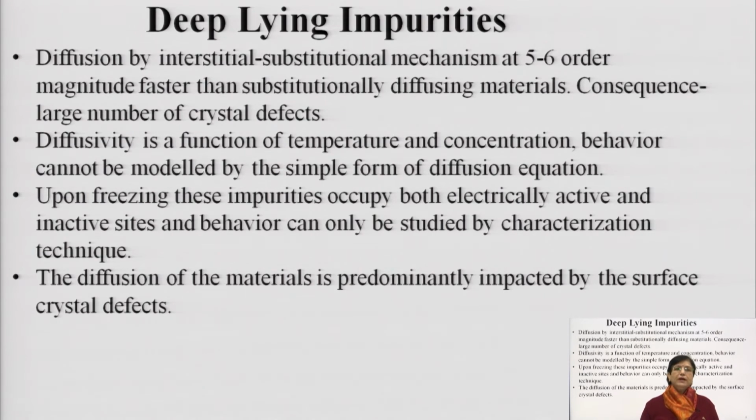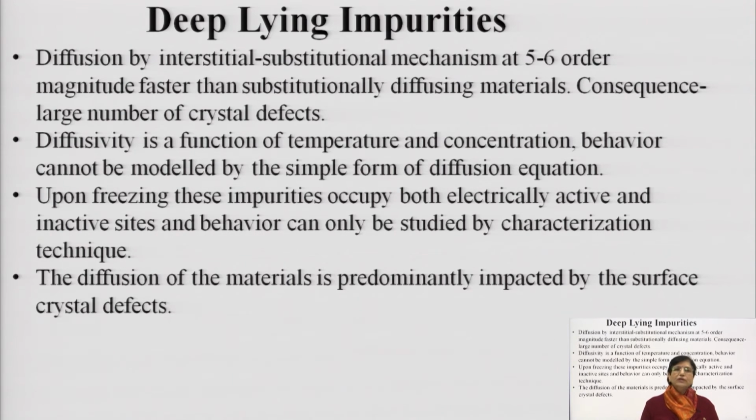Now, why are these things being done? Diffusion by an interstitial or substitutional mechanism is 5 to 6 orders of magnitude faster than that of substitutionally diffusing materials, and as a consequence a large number of crystal defects arise when these materials diffuse into the silicon.